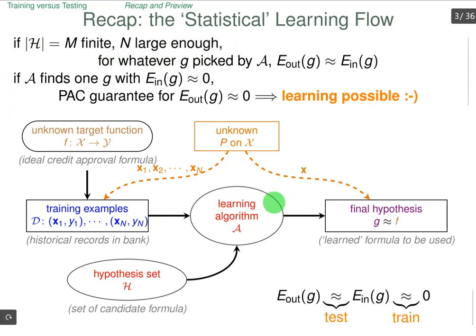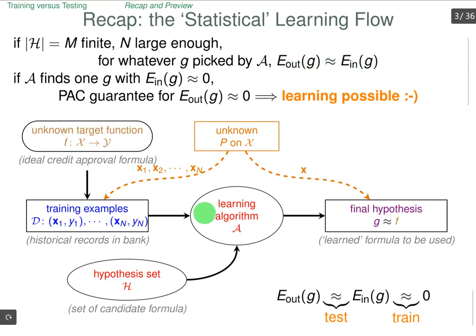If A finds one g which is perfect and makes no mistakes, with the in-sample error of that g approximately 0, then probably approximately correct guarantees the out-of-sample error approximates 0 as well, under these two conditions: H should be finite, and n should be large enough. Then the g picked by algorithm A will have E out approximate E in.